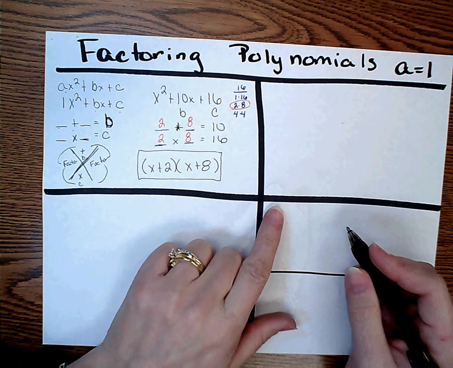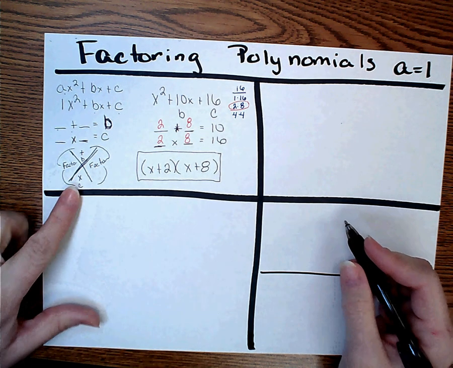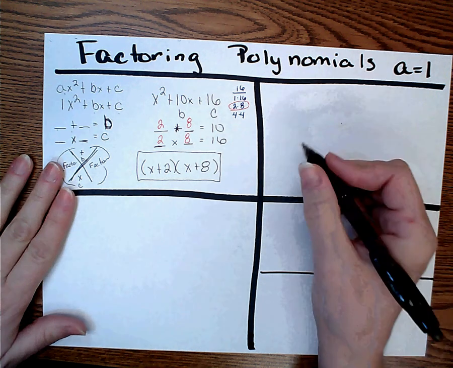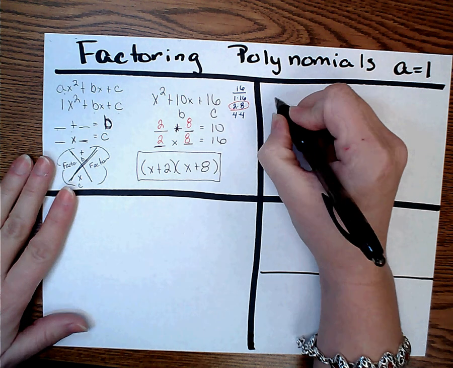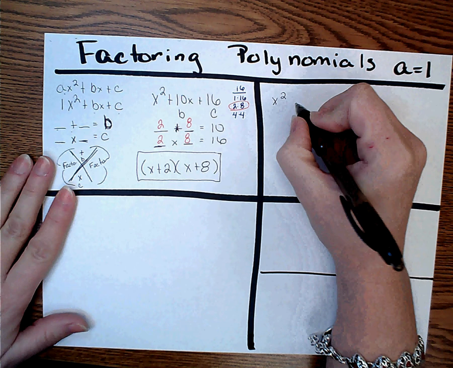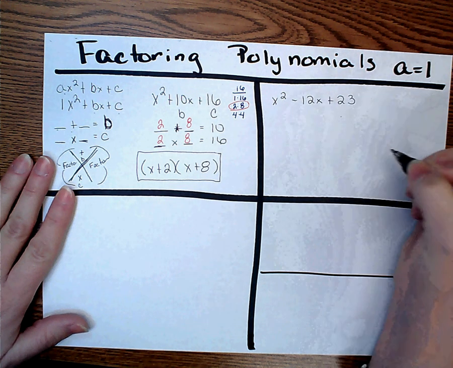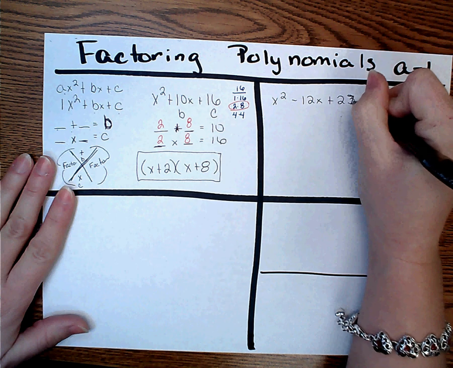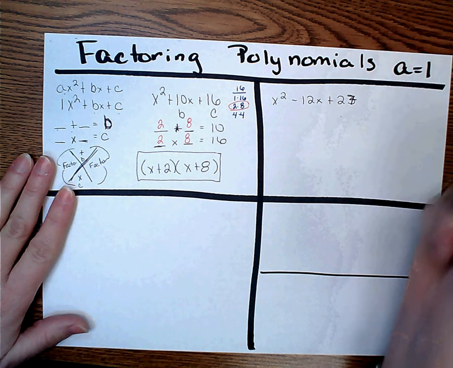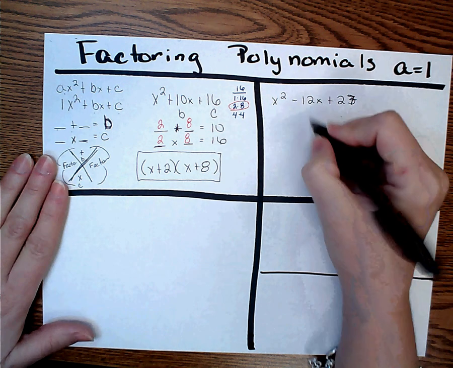On this problem over here, we're going to try using the x factor and see if it might help you. So here we have x squared minus 12x plus 23. Sorry, let's change this to 27 since 23 is prime. So here we go.